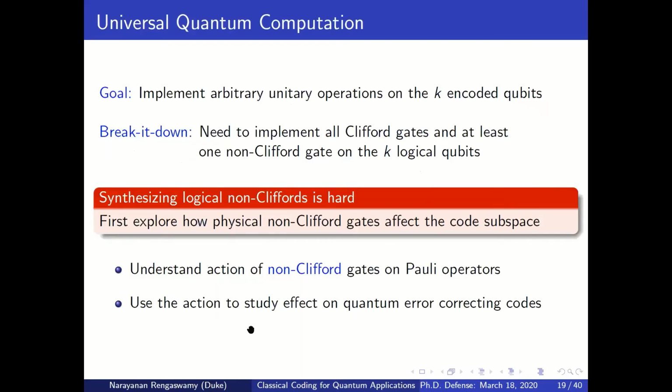Okay, so again, this slide should be familiar now that I have replaced all Cliffords by non-Clifford. So now we have done the first part, and now I want to do non-Clifford gates, but we saw it is hard, but our strategy is still the same. We are going to understand the action on Pauli operators, and that's exactly what I showed you with the QFT formalism now.